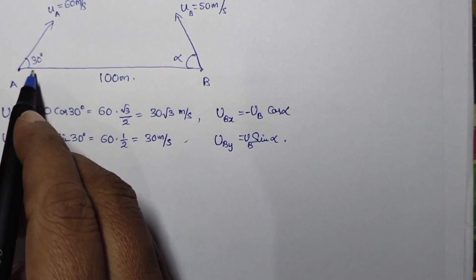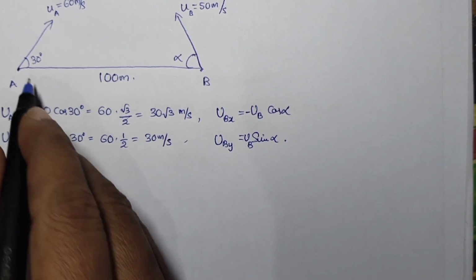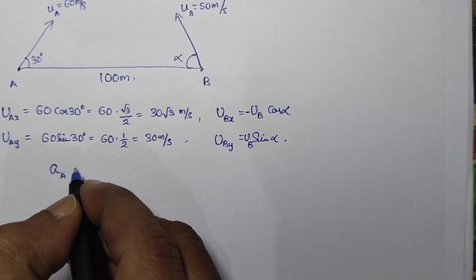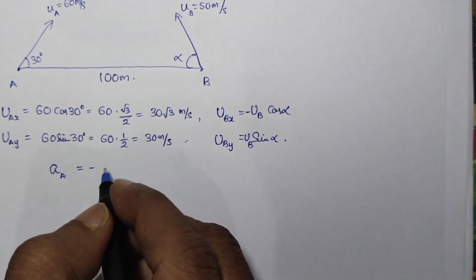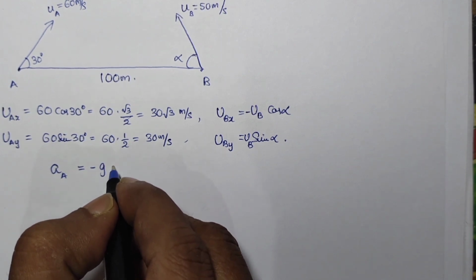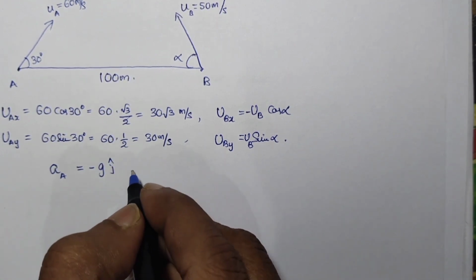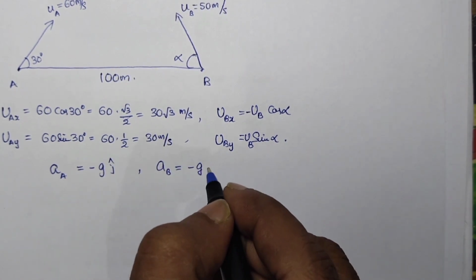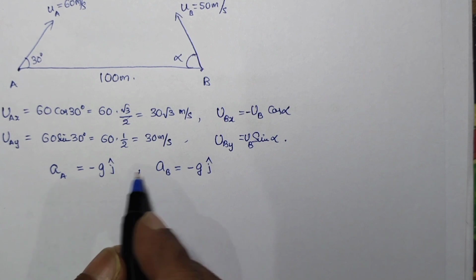The acceleration of particle A is a_A equal to minus g j cap in the y direction, and a_B is equal to minus g j cap.